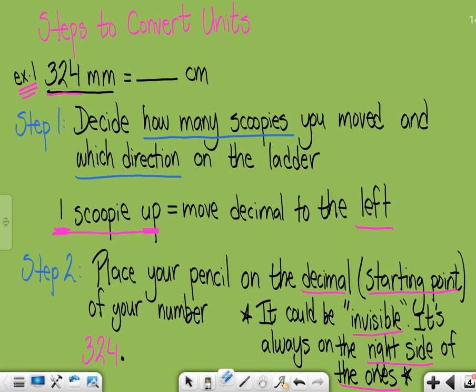Place your pencil. I'm going to put my little pen on the decimal. So put your little pencil right there. That's where your pencil is going to be, on the decimal. I'll try to draw a little pencil.